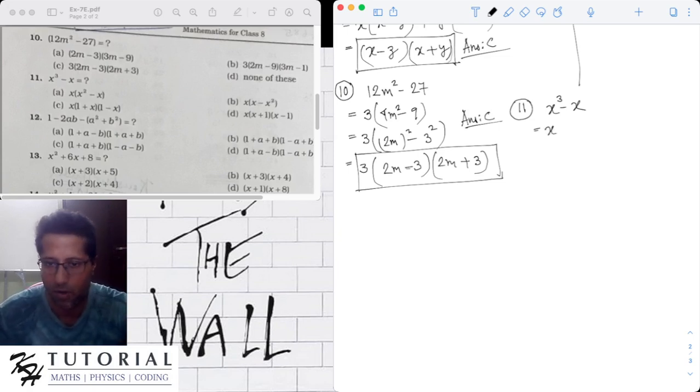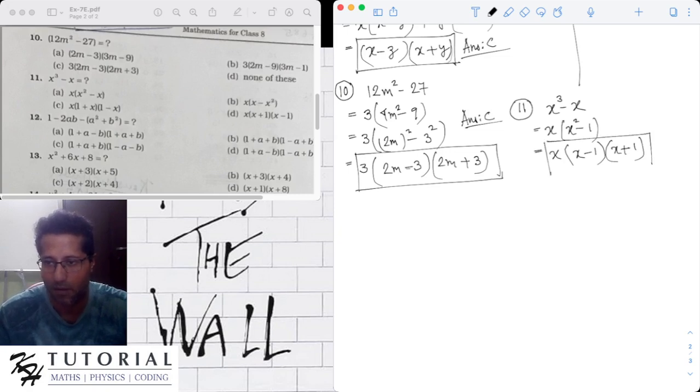So whenever you have a polynomial and you see all the terms have some common factor, it is better to factor out that common factor and then factorize the remaining term. So if we factor out x as common factor from both the terms, we get x multiplied by x square minus 1. And we know that we can factorize x square minus 1 as x minus 1 multiplied by x plus 1.